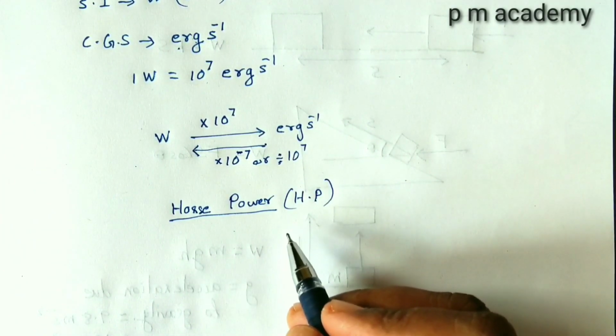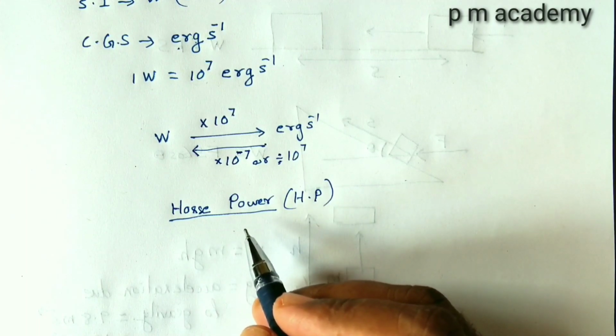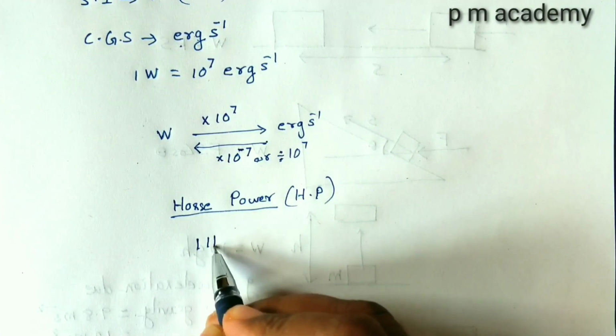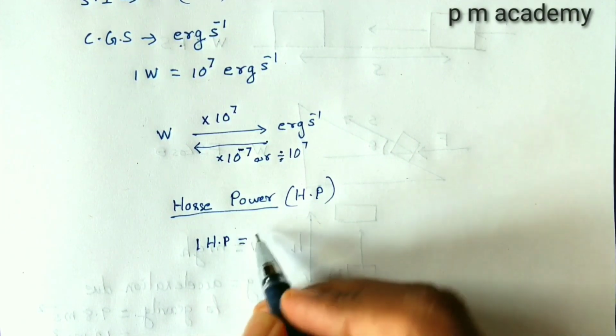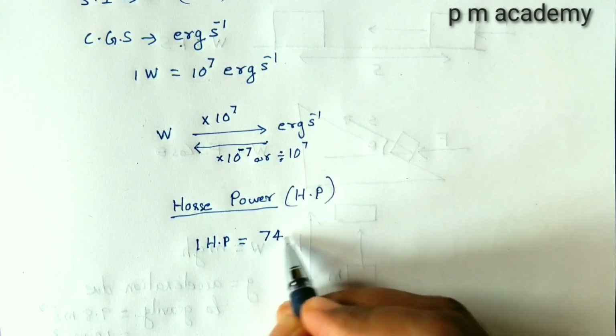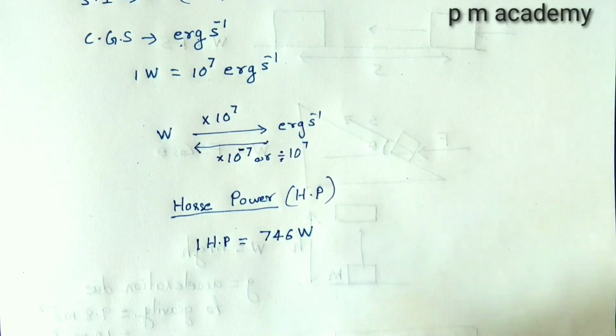It is another unit of power. Remember that the value of 1 HP is equal to, very important number, 746 watts. 746 watt is known as 1 HP.